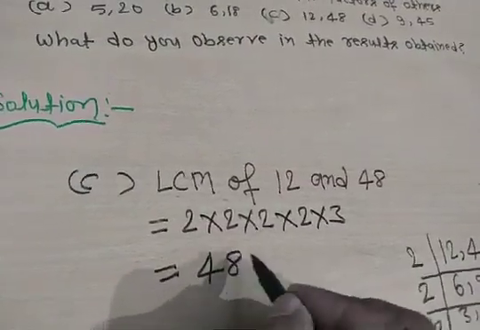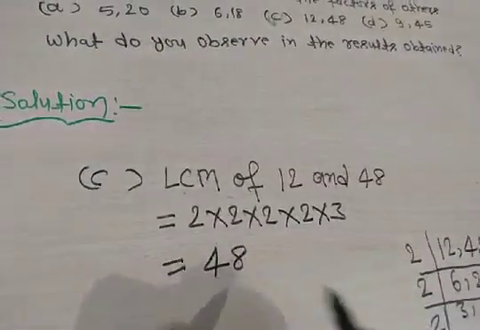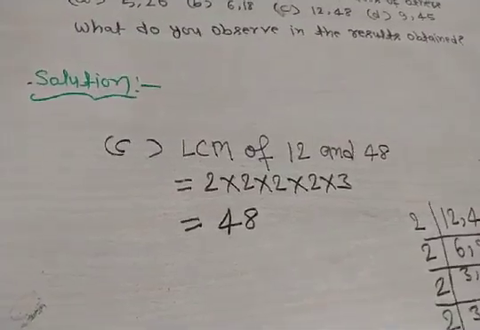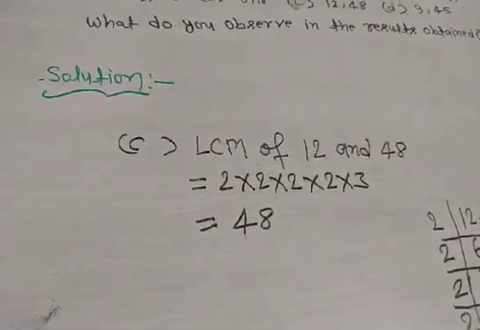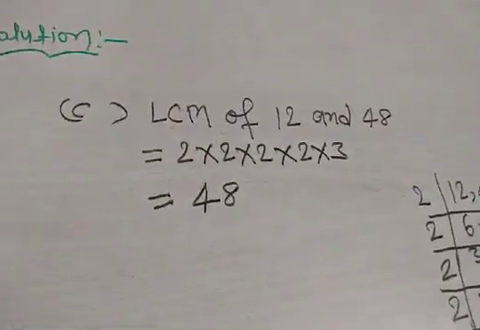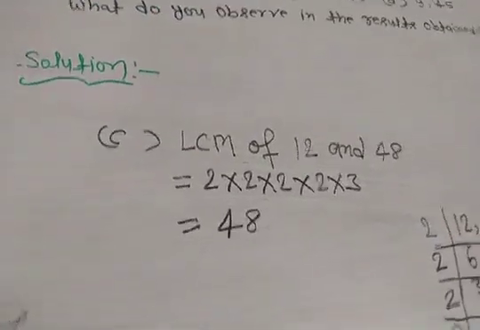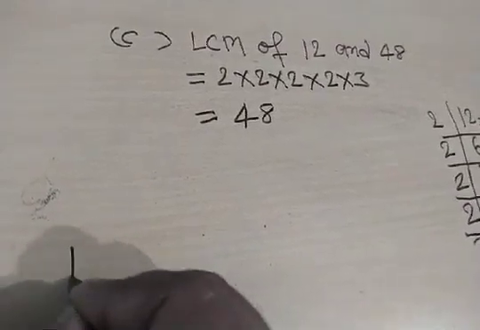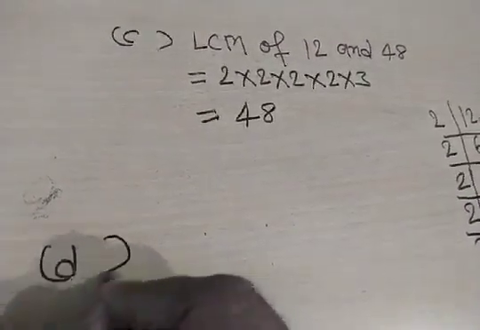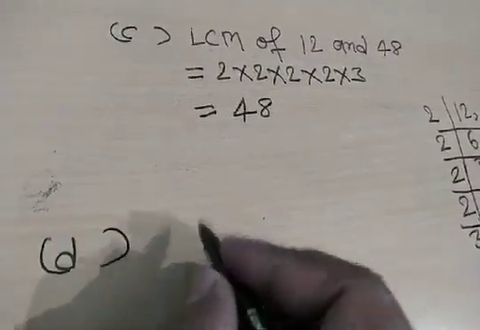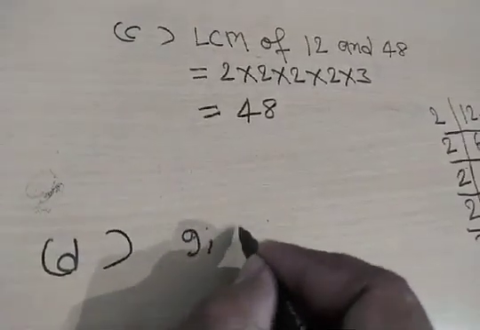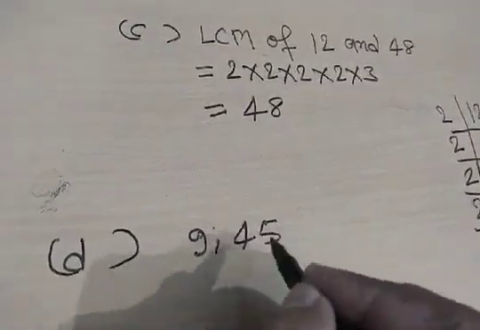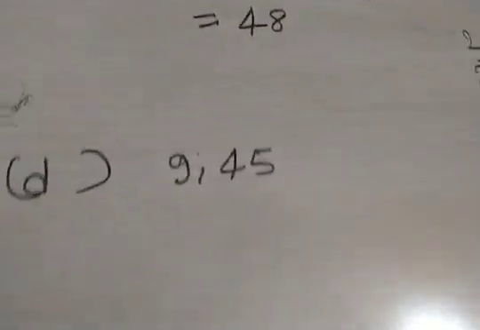Here you can also see the greater number is the LCM. Okay, now our next D part is 9 and 45. We find the LCM of 9 and 45 here.